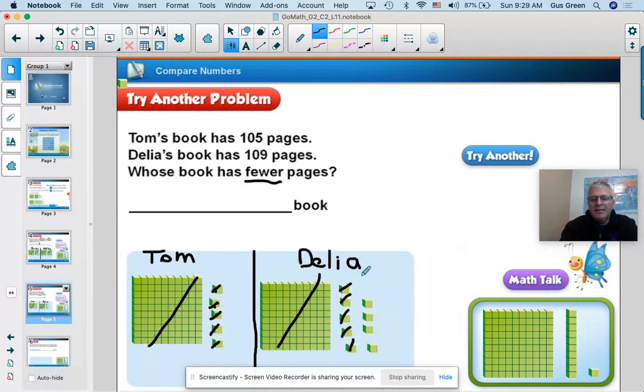So Delaney has the most because she still has blocks left over. So Tom's book has fewer pages. How many fewer? 1, 2, 3, and 4. 4 fewer pages. Okay, so Tom's book has 4 fewer pages.